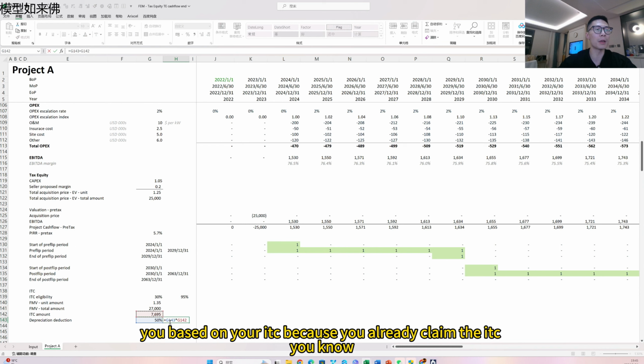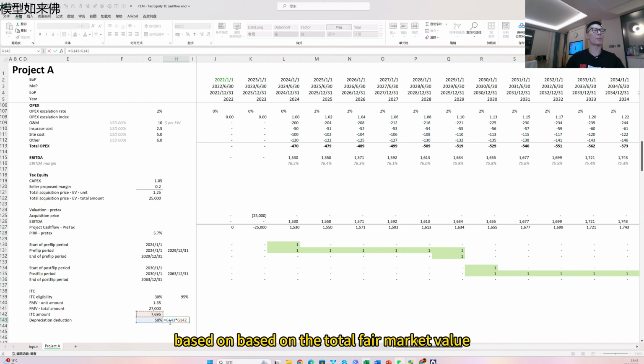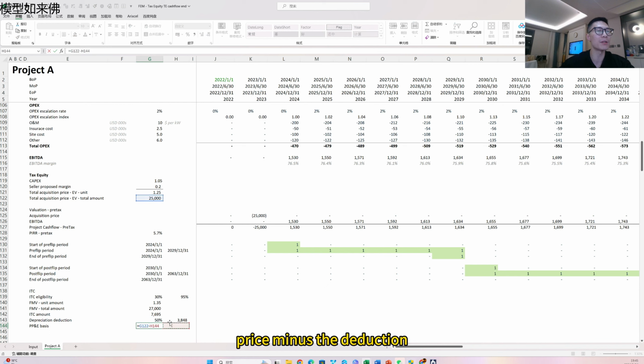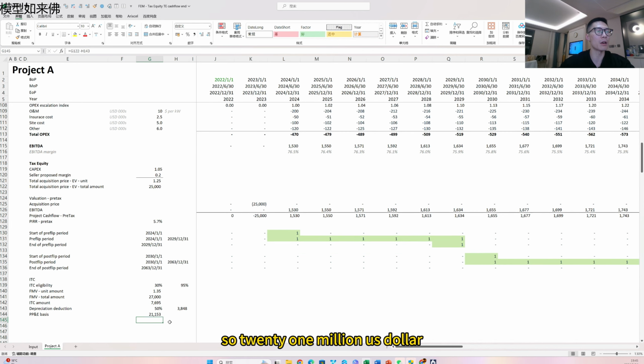Because you already claimed the ITC based on the total fair market value, that should be a deduction in your PP&E, and 50% is given by the question. So your PP&E basis shall be equal to your total acquisition price minus the deduction. So 21 million US dollars is going to be your depreciation basis.